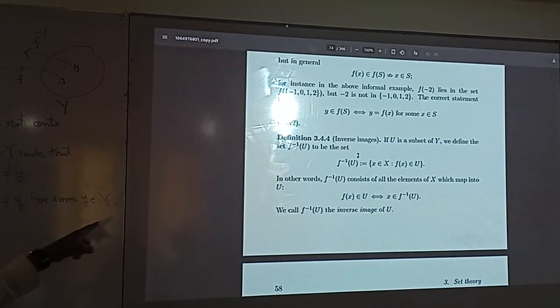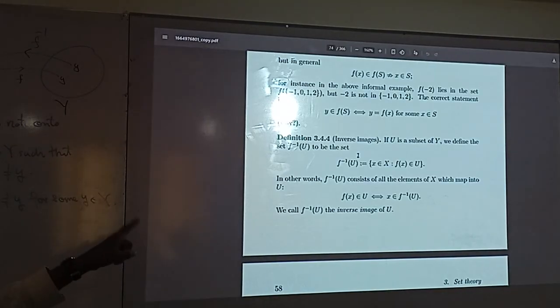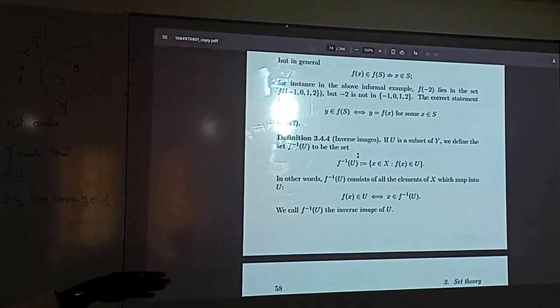This side: if y belongs to f(S), then y must be equal to f(x) for some x belonging to S. That is the definition, no? If the other side is true, if y is equal to f(x) for some x belonging to S, then definitely y belongs to f(S). So it is if and only if.